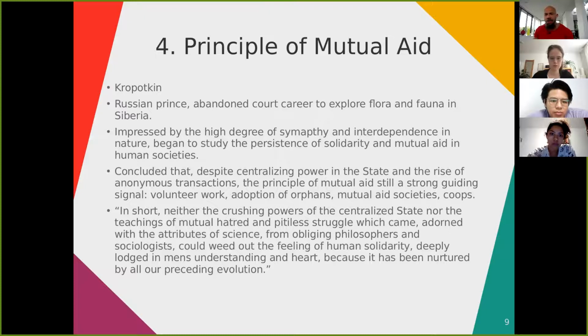But he was actually a Russian prince. He was very high in the nobility in Russia, but actually was a political radical. And so he abandoned a court career in St. Petersburg and decided to travel to Siberia and just analyze the biology there, the flora and the fauna. So he studied animals and plant life.